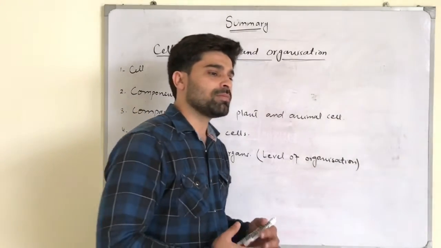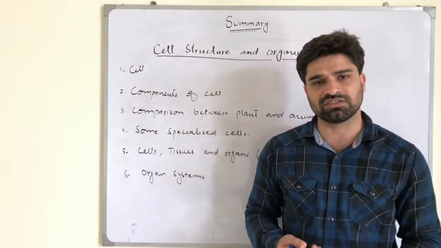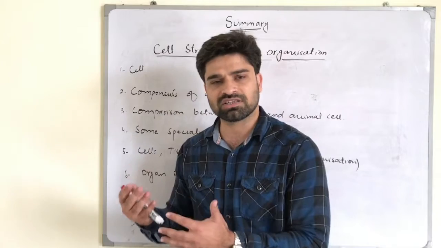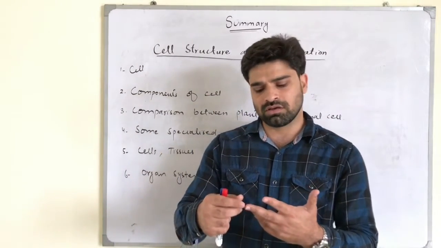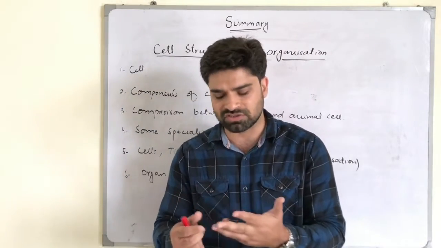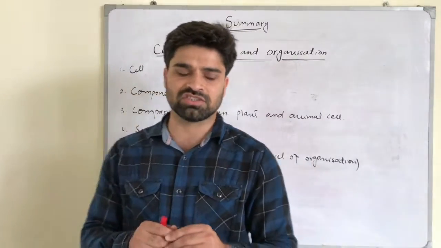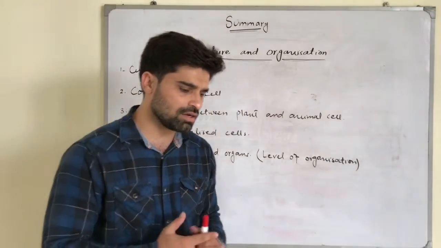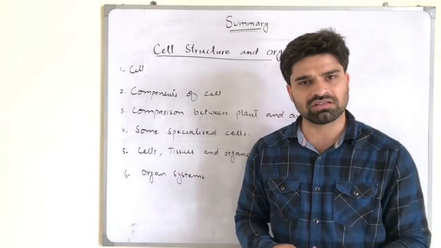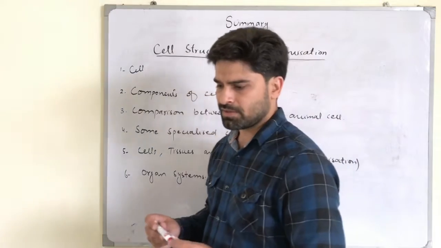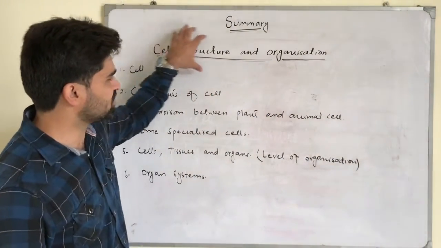In human body, there are 7 types of organ systems present, and the organ systems are basically digestive system, the central nervous system, respiratory system, circulatory system, endocrine system, and I hope I have covered all the systems, and that was all about the cell structure and organization.